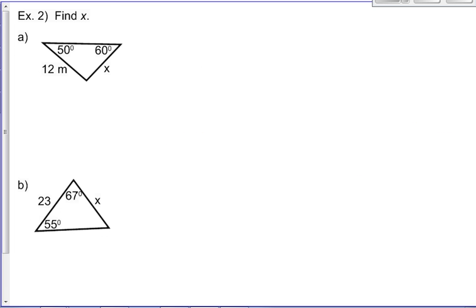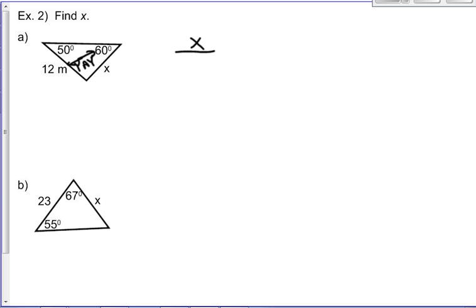So suppose we want to find x on this triangle. Can we use sine law? Let's see. We know a side and its opposite angle. Yay! We can use sine law. And here's how we're going to set it up.